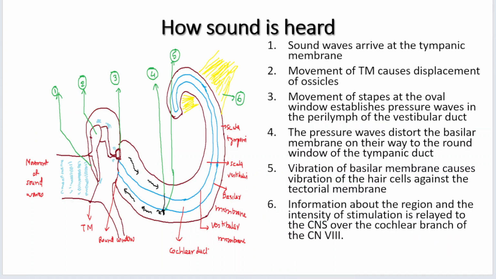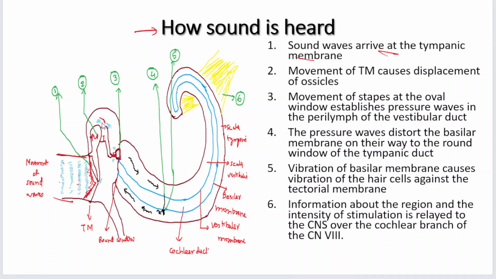Now coming to the basics, how sound is heard. Sound arrives at the tympanic membrane. Here this is the external auditory canal and this is the tympanic membrane, and the sound waves are coming and striking the tympanic membrane. This causes the tympanic membrane to move. That movement is transmitted to the ossicles, that is the malleus, incus and the stapes.